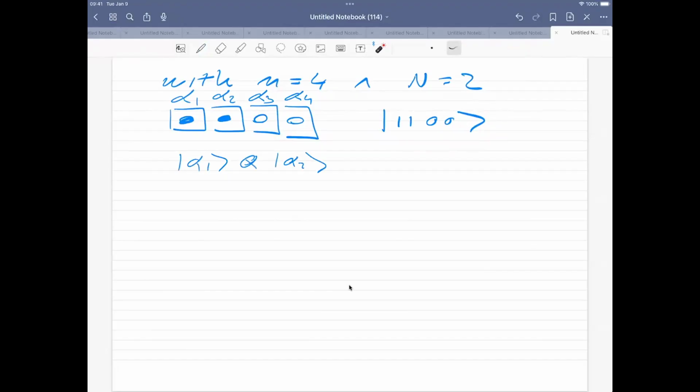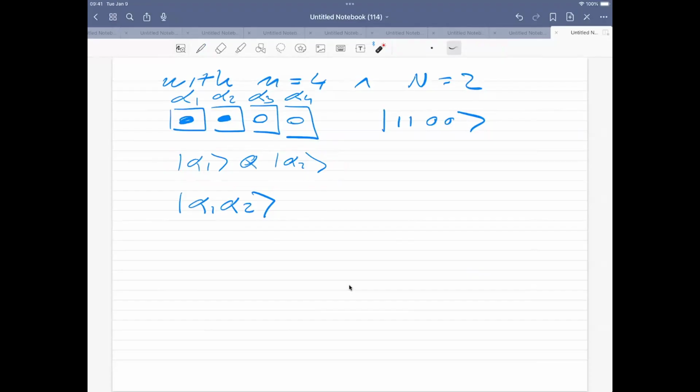So the way you label the states and number them depends on what is the most convenient way to represent a state in a computer. So when we have two single particle states, we are going to stay normally with a notation like this one, alpha 1 and alpha 2. But keep in mind that that actually means a tensor product between two single particle states. But we use this compact notation.